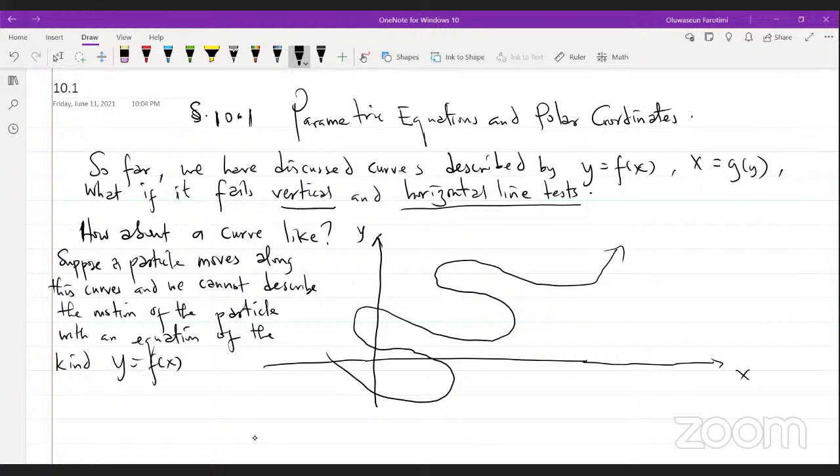Now, what are we saying with this statement? That means for this kind of motion, we cannot claim that y equals f of x.